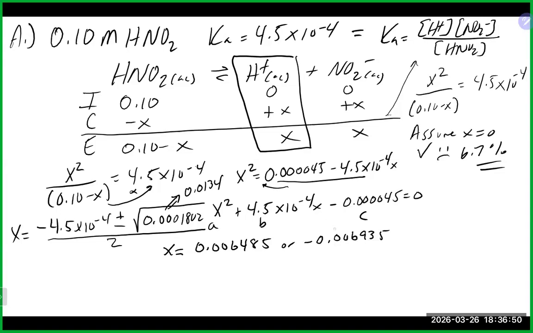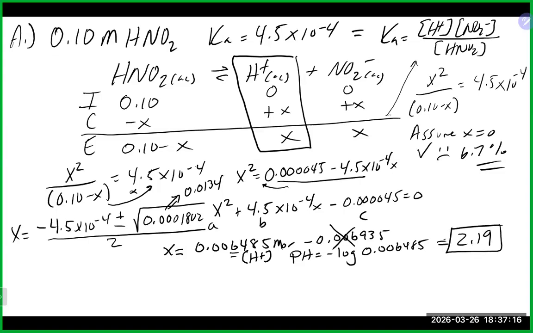So clearly here, the negative number would not be a great choice there. That means that this is going to be our H plus concentration going into our pH, minus the log of 0.006485, going to give us an opening pH here on our titration of 2.19, looks like.